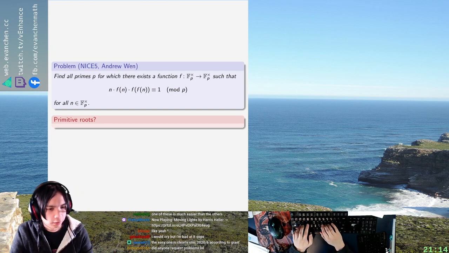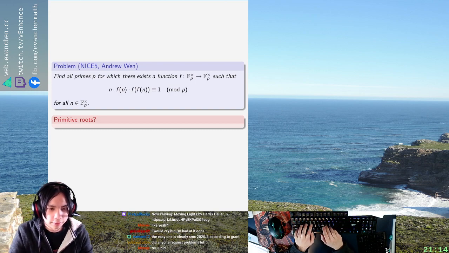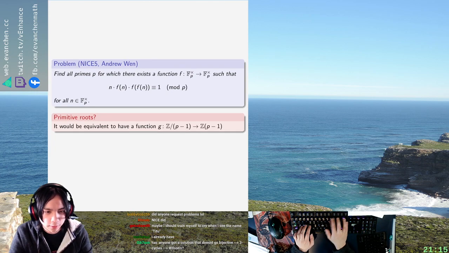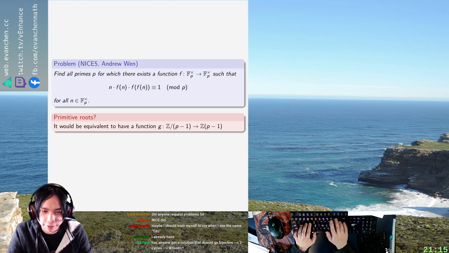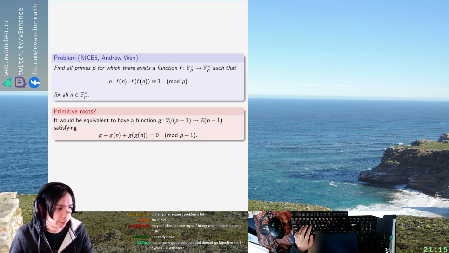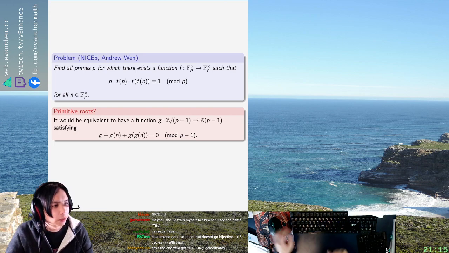So it would be equivalent to have a function g from Z mod p minus 1 to itself, satisfying g(n) plus g(g(n)) plus g(g(g(n))) equals 0 mod p minus 1. You could, if you know what the primitive root is, translate the problem so that it looks like this. However, we're not going to do this because we don't need to, but I'll comment a bit later.